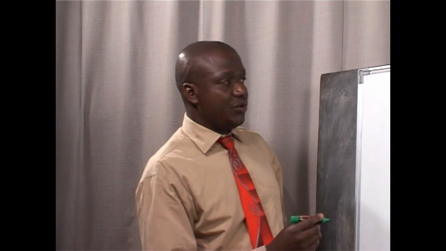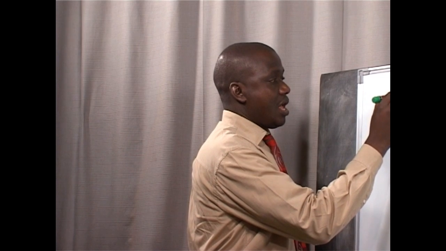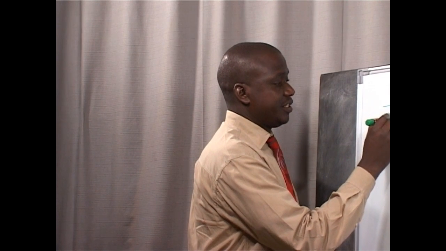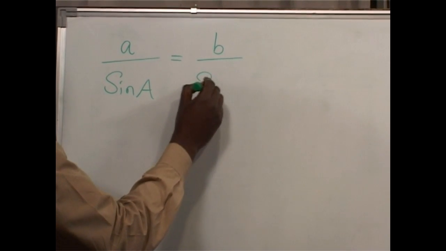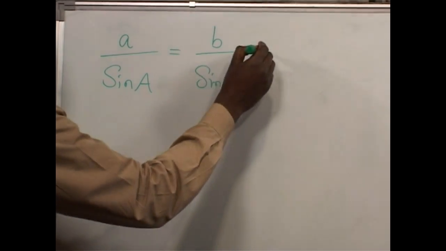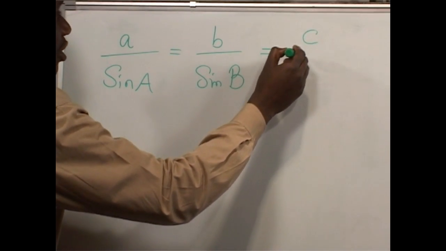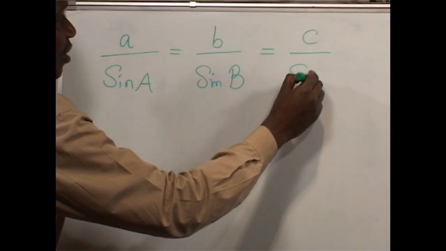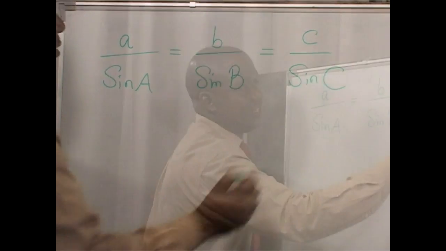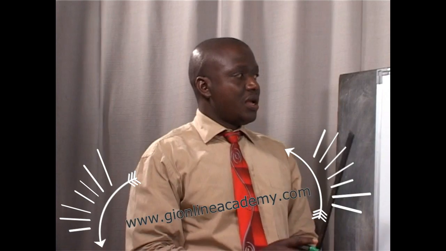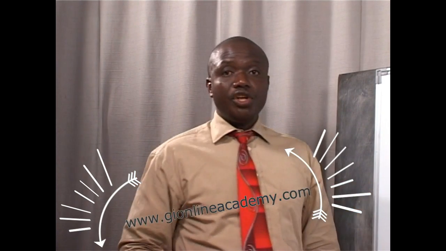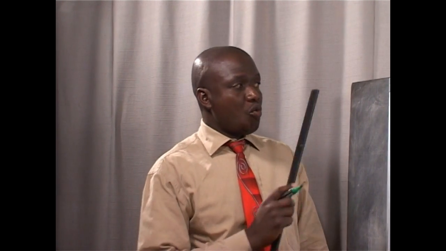If we are to state the sine rule, it is going to be a over the sine of the angle at A is equal to b over the sine of the angle at B, and this is equal to c over the sine of the angle at C. In order for this to work, out of the three ratios, we need to have one complete ratio and one in which one quantity is given and the other one is not given.